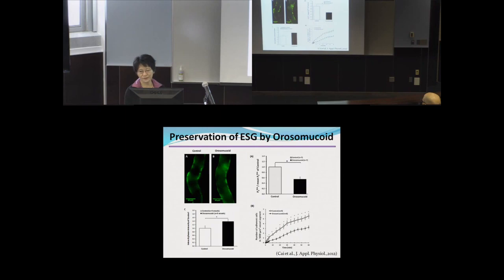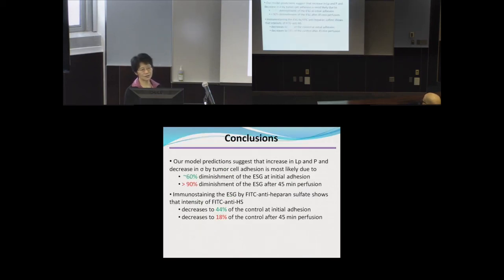So that's one method. We preserve our microvessel wall surface glycocalyx. In this way, we can prevent tumor cell adhesion. So at least we get self-protection. So this is our conclusion.